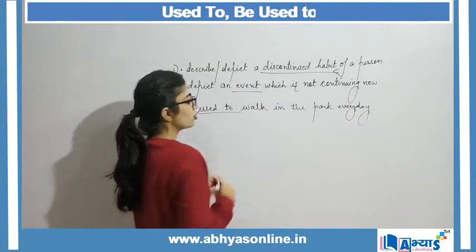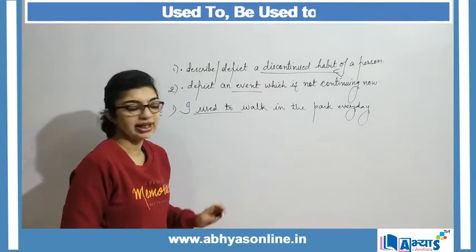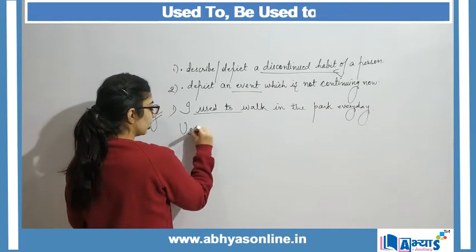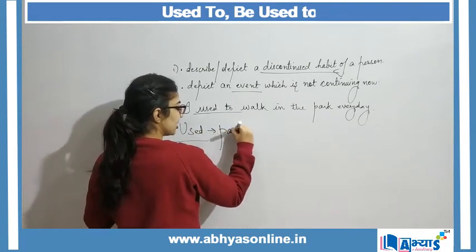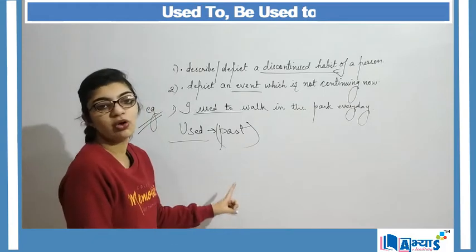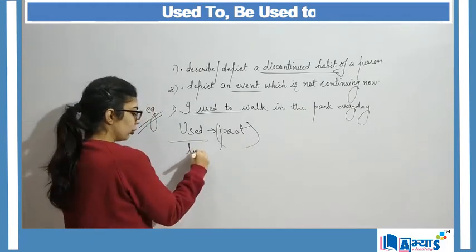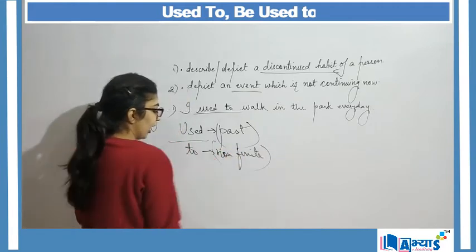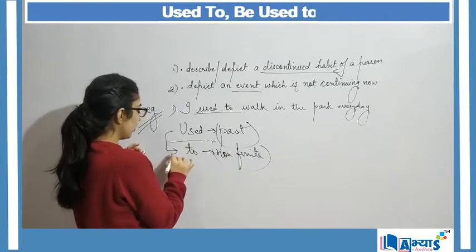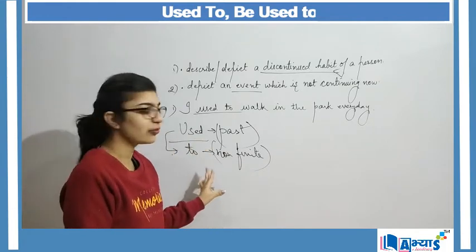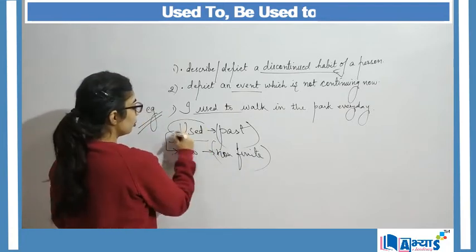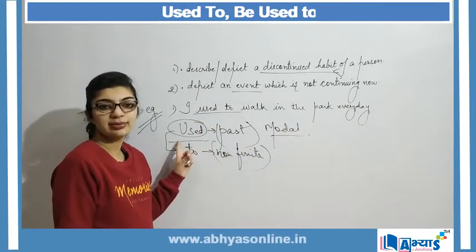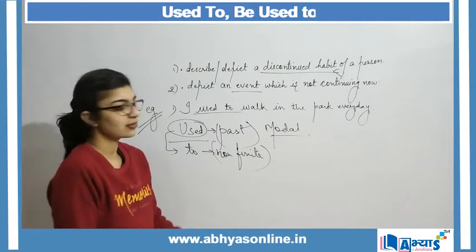Here, remember one thing, whenever we are using the word "used" to define something in the past, with that we will always make use of "to", and "to" is a non-finite. So whenever "used" is considered as a modal, "to" will always follow it. So, "used to".